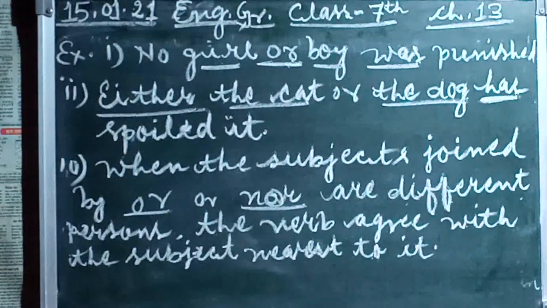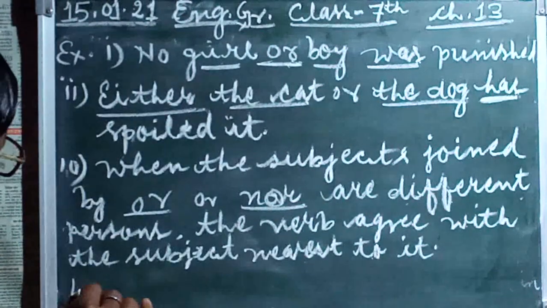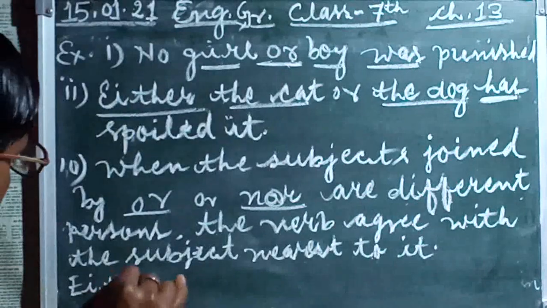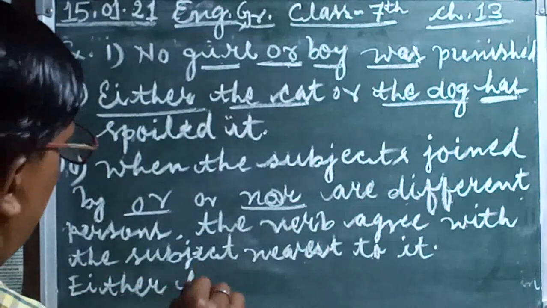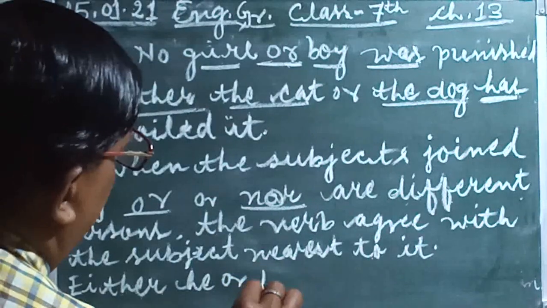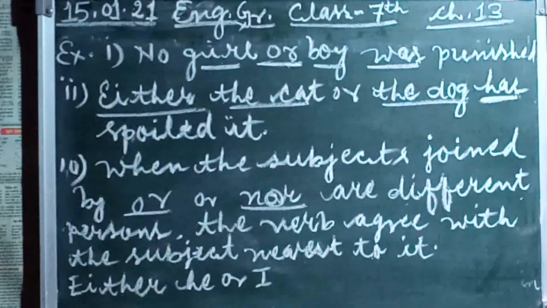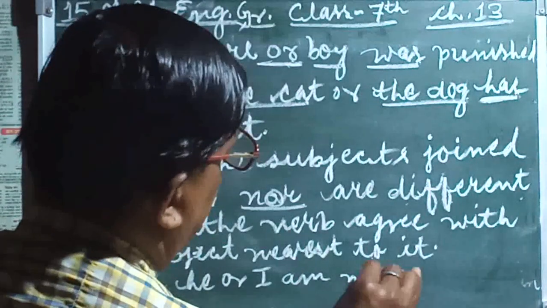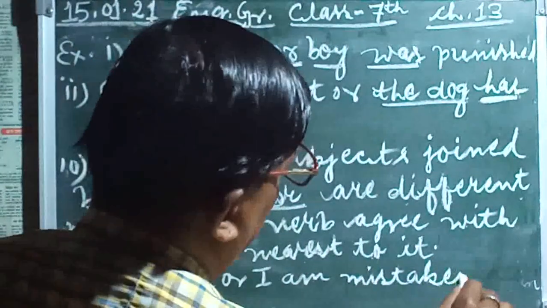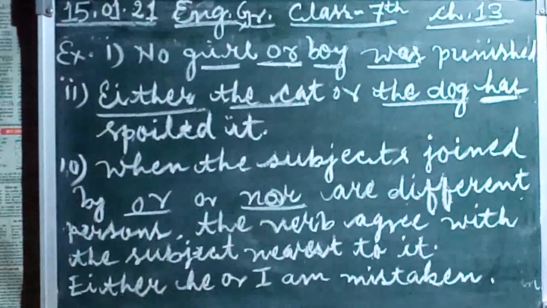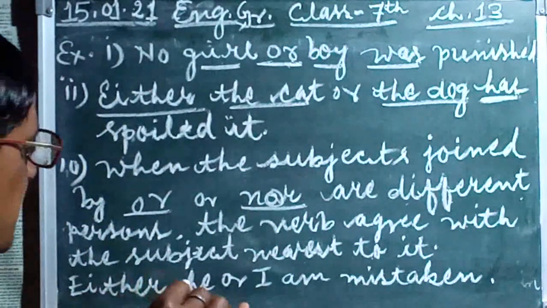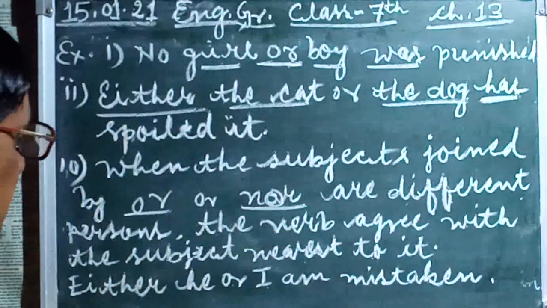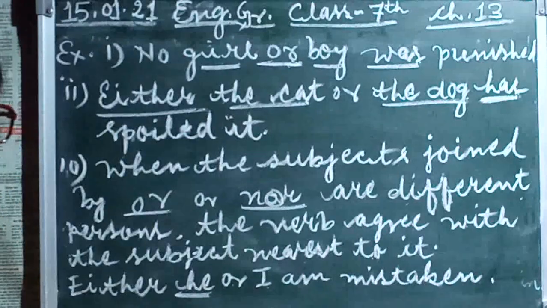Example: either he or I am mistaken. You have to understand this sentence properly, children. Either he or I. He is a third person singular number subject.